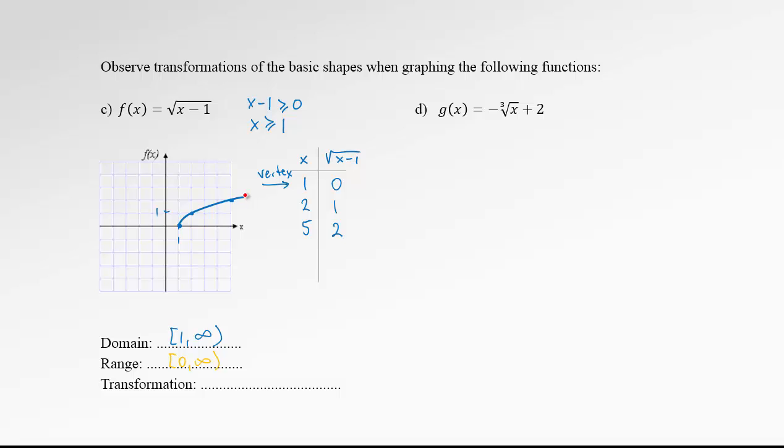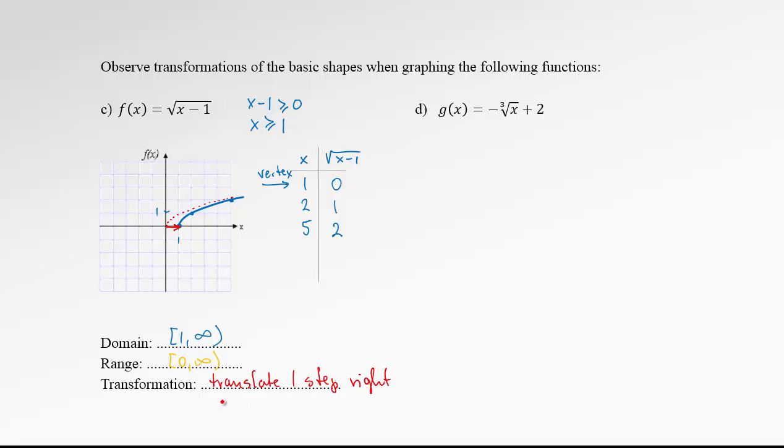Now let's notice the relation of the graph of our f function to the graph of the basic square root function, which goes somehow like this. Well, it looks like this curve is moved 1 step to the right. So the transformation of the basic shape is the translation by 1 step to the right.